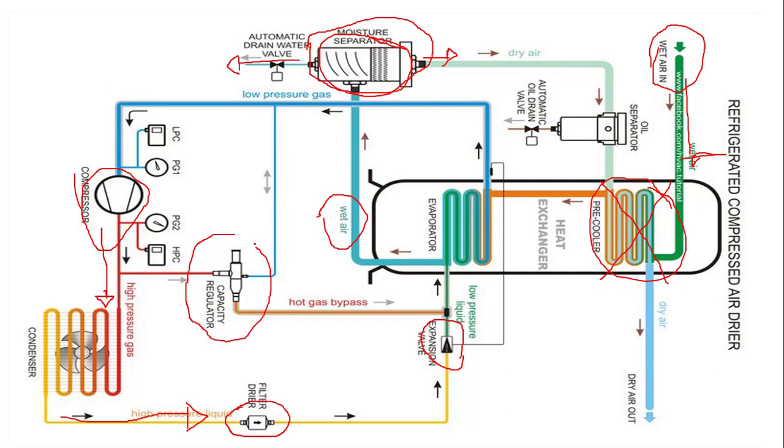This valve, the condenser pressure regulator, is used to control the condensing pressure of the system, avoiding that the pressure works very low. For example, on cool days, the temperature of the air entering here will be very low.